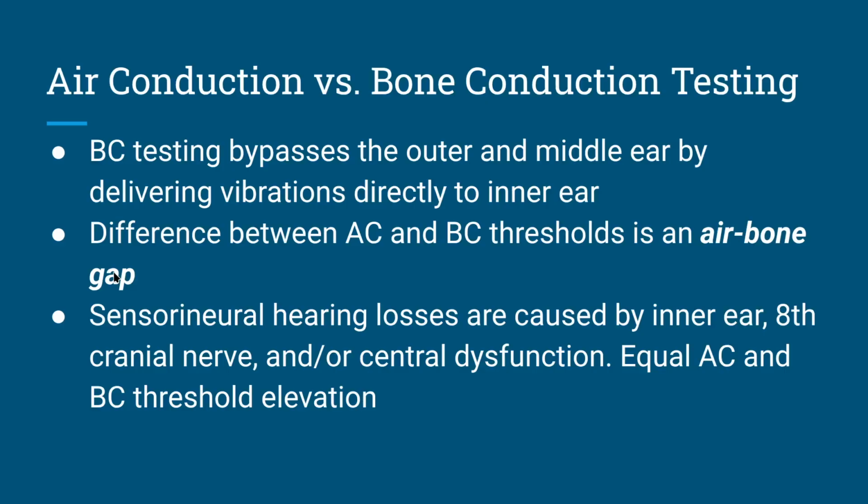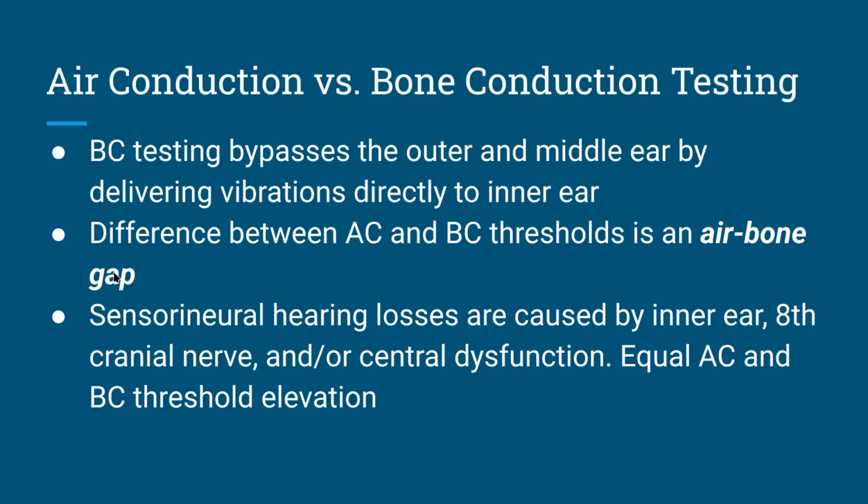Either way, it's not clinically relevant. It gives you an idea if there is non-organic hearing loss, if someone's feigning a hearing loss. It gives you an idea about calibration problems or placement problems with the transducer, but it's not clinically meaningful. Negative air-bone gaps don't clinically mean anything.